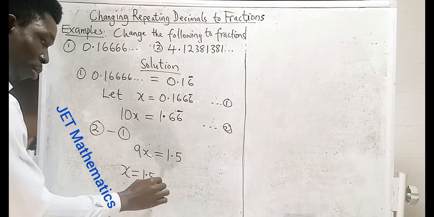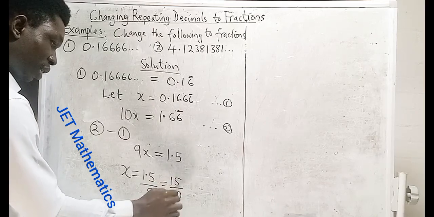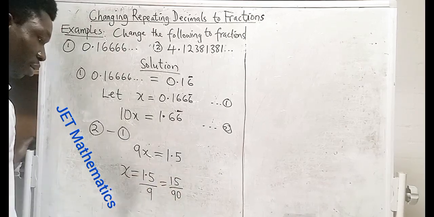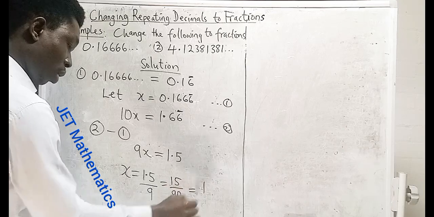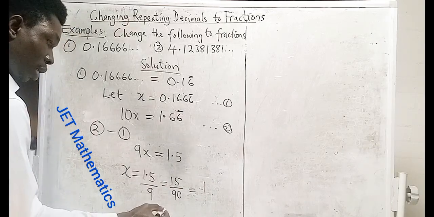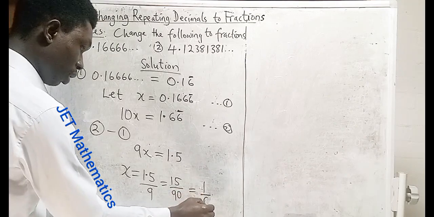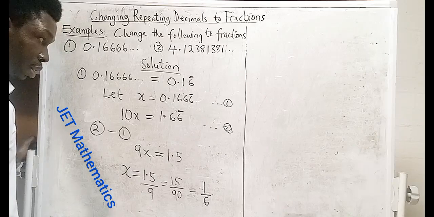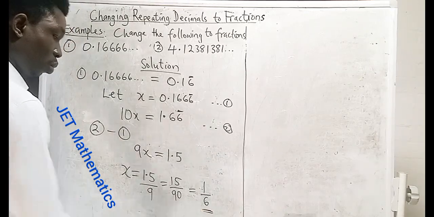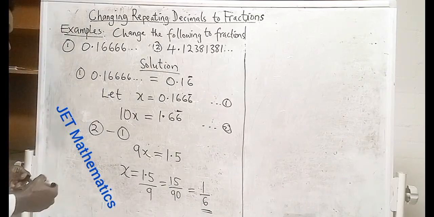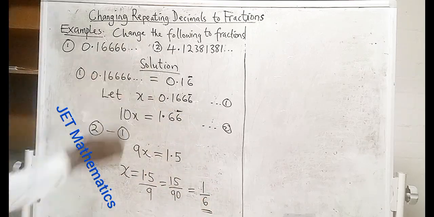If I move this decimal point, this gives me 15 over 90. It's equivalent. 15 here is 1, and 15 here is 6, so the solution is 1 over 6 in its lowest form. When you divide this, you get this result.